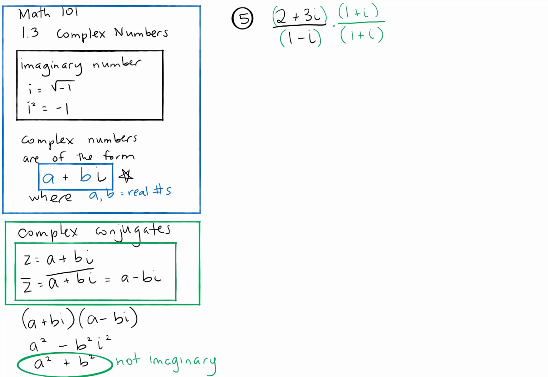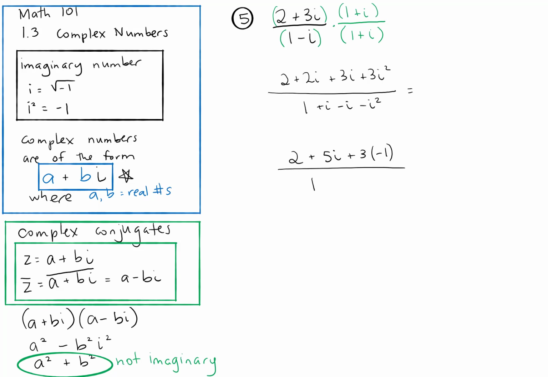That means for the numerator, I'm going to get 2 plus 2i plus 3i plus 3i squared. For the denominator, I'm going to get 1 plus i minus i squared. Taking that and simplifying it, I get 2 plus 5i plus 3 times negative 1.